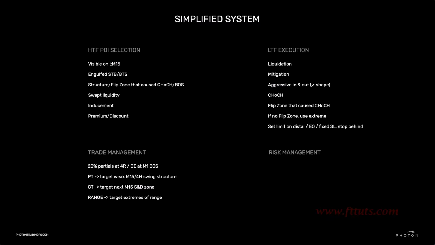So you are buying at the bottom of the range and you are targeting the top extreme, and vice versa. So you'll be selling from the top of the range and you can look to target the extreme bottom of that range. So that's quite a simplified and reasonably mechanical approach to management. Of course, just use this entire plan as a very rough starting point, and then you can come up with your own ideas from here.